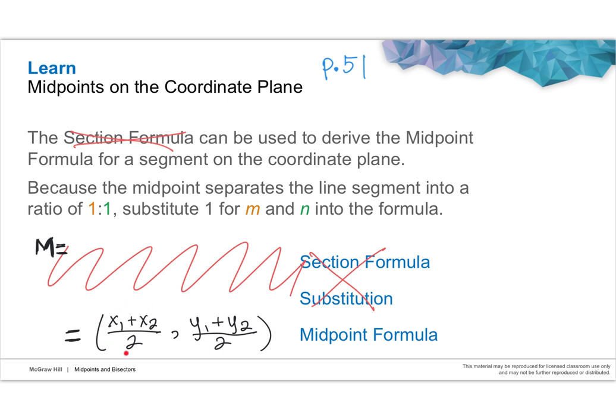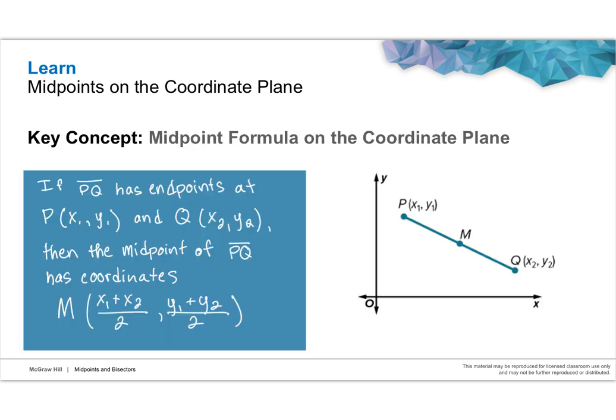So this is the exact same formula we had for just the number line when we had just x values. But now that we're on the coordinate plane, of course, we have an x coordinate and a y coordinate. So we're going to do that same average of values for the y's as well. So here is that formula applied as a key concept for the midpoint formula on the coordinate plane.